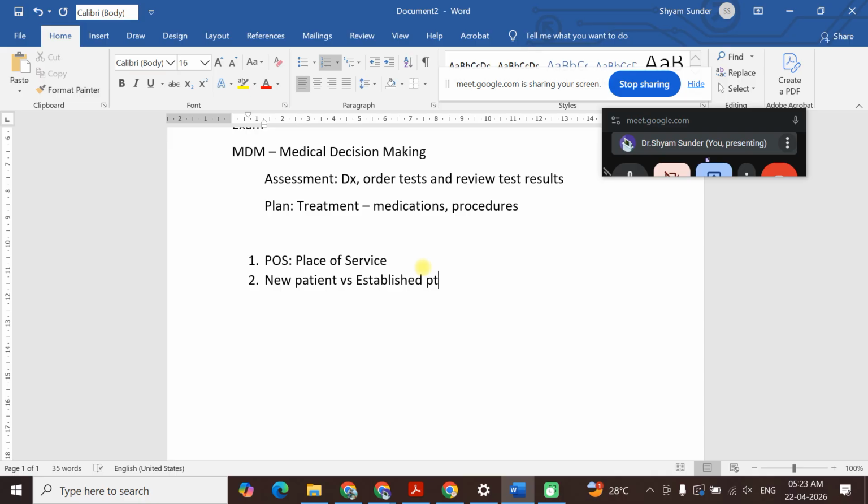So is this patient a new patient or an established patient? Established. New. Because the window period is 3 years. In the last 3 years, the patient should have received treatment at least once. So this patient's last visit was in 2020, so this patient is a new patient.